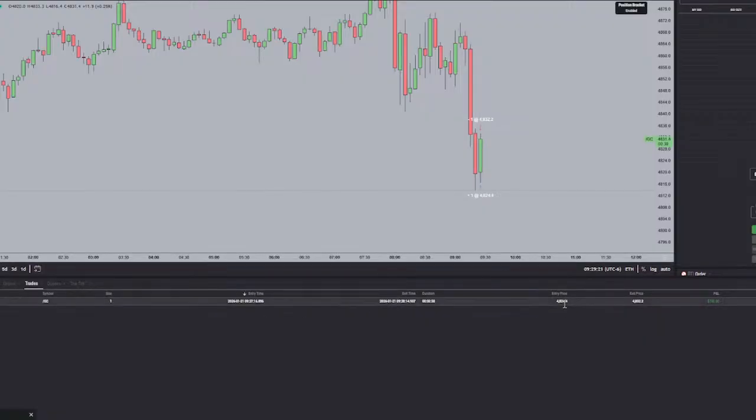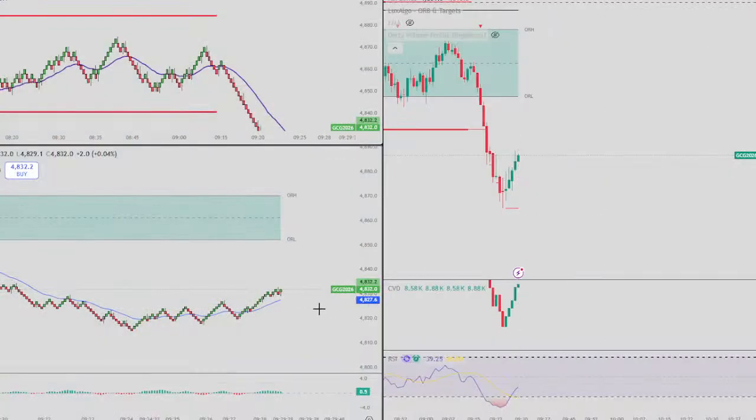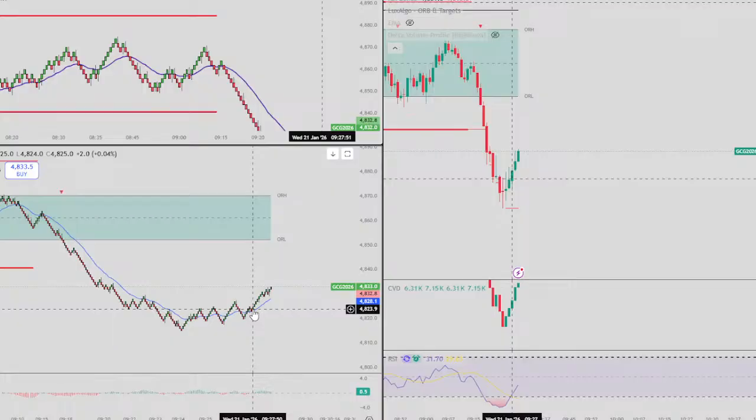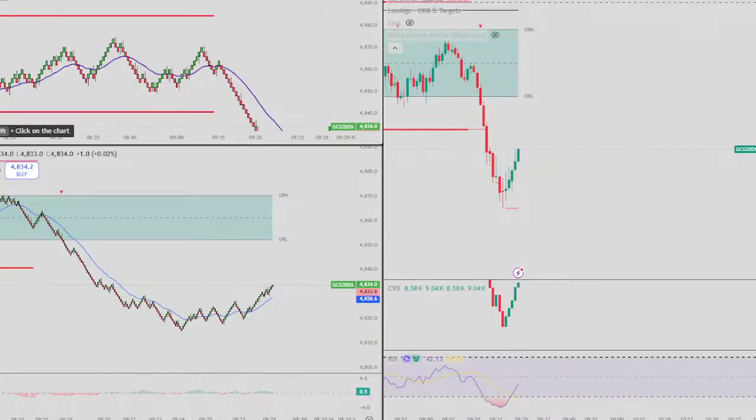And okay, entry at 824.4. So yeah, I entered right at 824.4. So I entered after this brick was the entry. It's still going, which is nice to see.